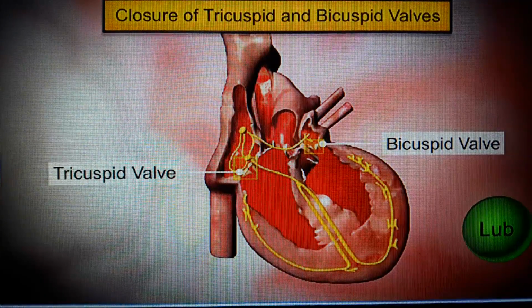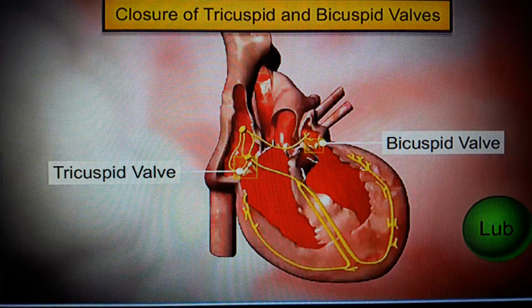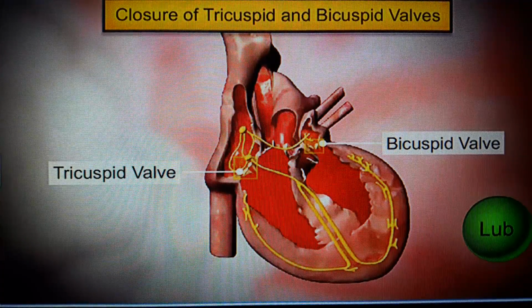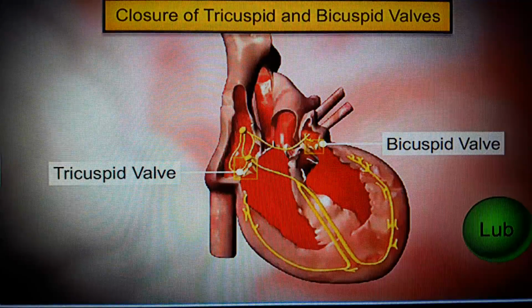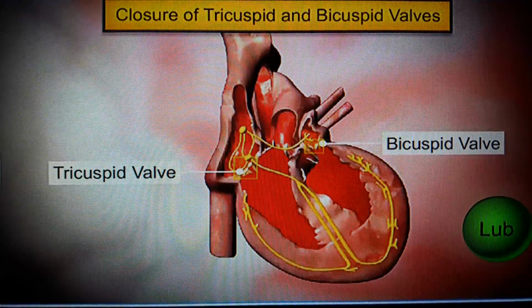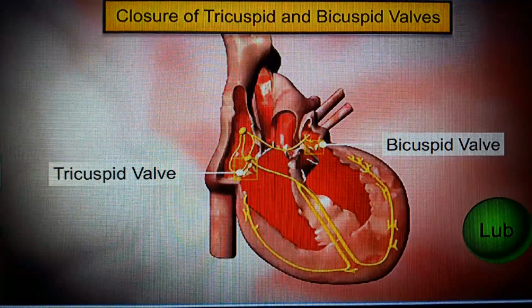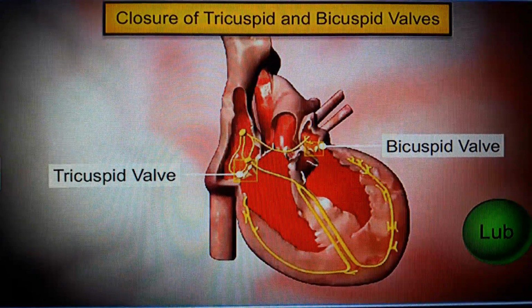It occurs at the start of ventricular systole, is of longer duration, 0.16 to 0.19 second, and is a louder sound.